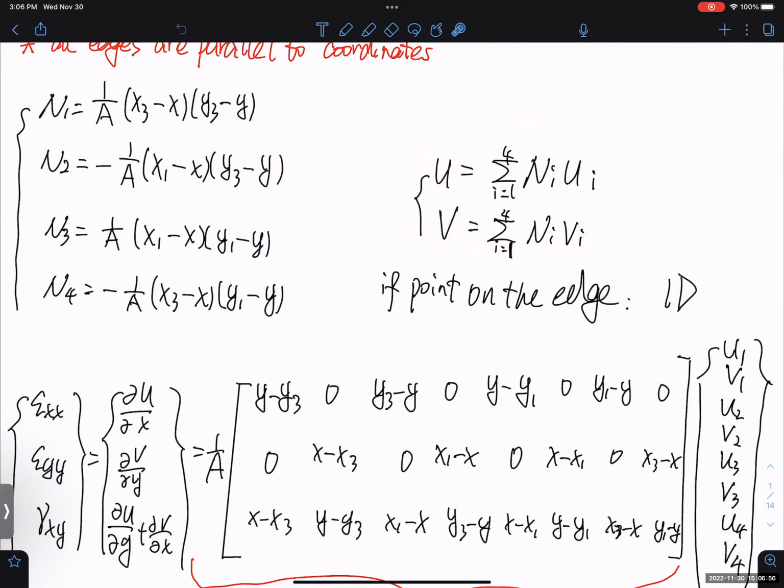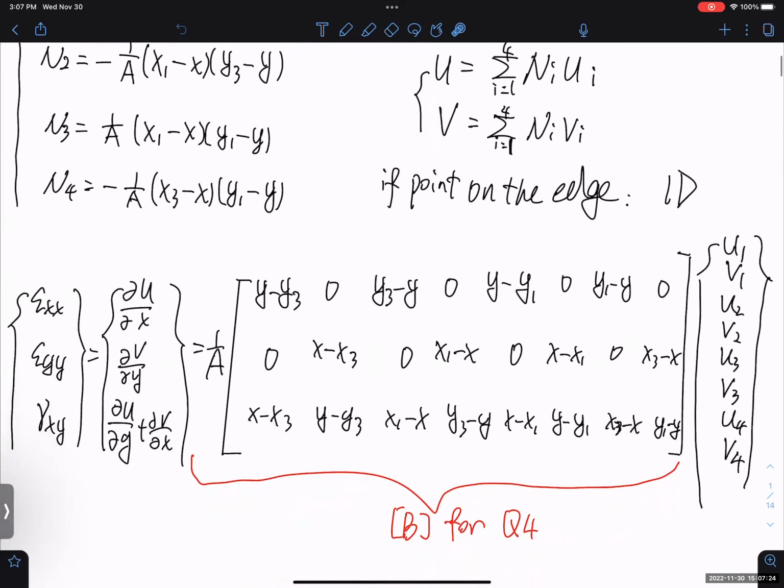I feel like you have been studying FEA for a whole semester, you should know this. If it's CST, then it's N1 U1 plus N2 U2 plus N3 U3. If it's the 4 node rectangular element, then you have one more, N4 times U4, right? So you should know this even if I don't provide it in the equations.